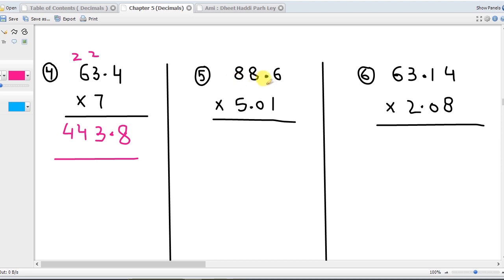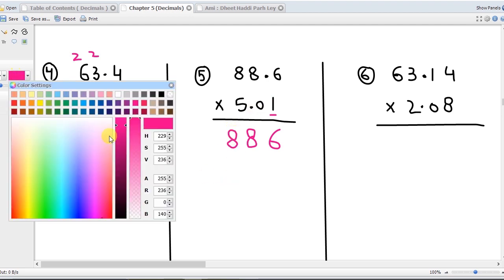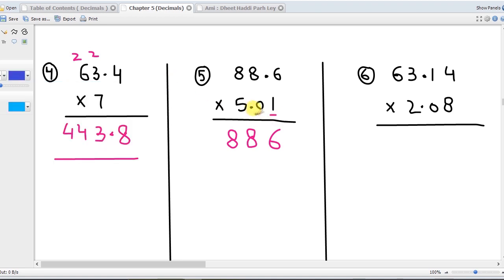Next is 88.6 times 5.01. So now in this case we are going to start solving it from the unit side. So 6 times 1 is 6, 8 times 1 is 8, and 8 times 1 is 8. Now we have to multiply this 0 with this 88.6 or 886.